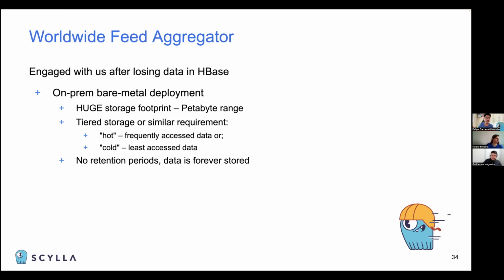So performance was important. It wasn't as important as for the hot data, but the access latency was still important.